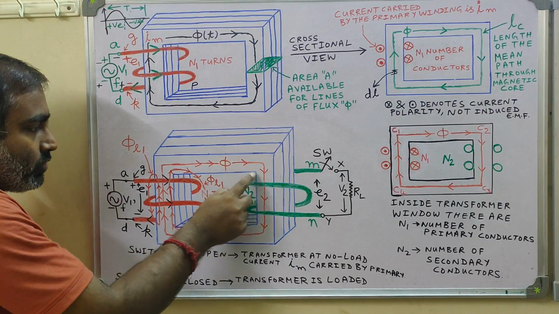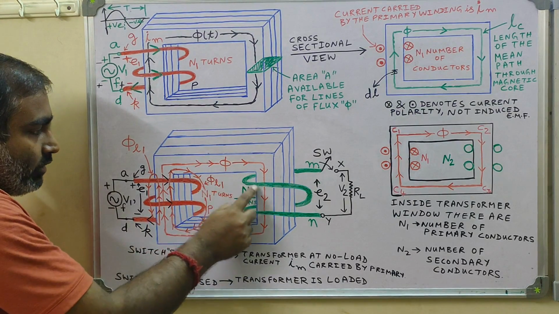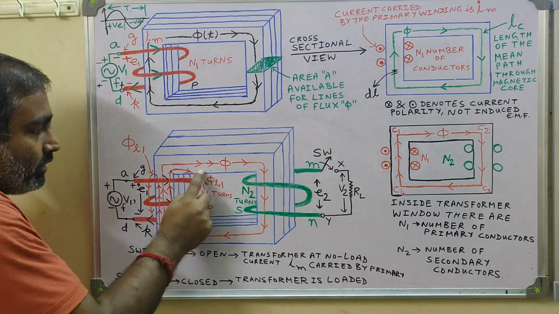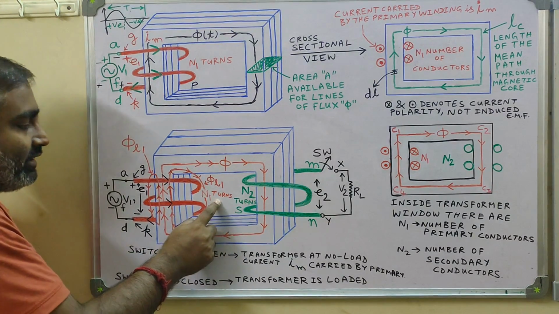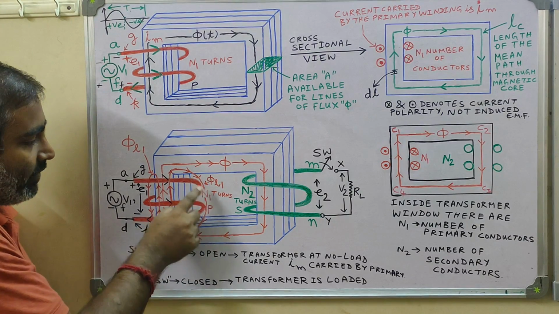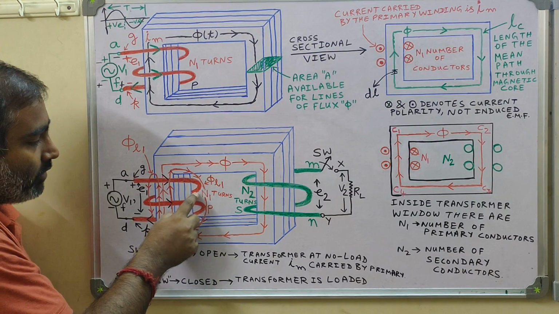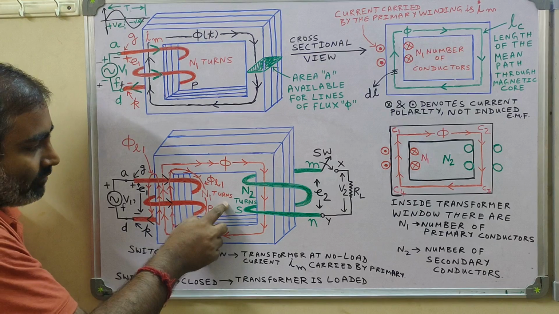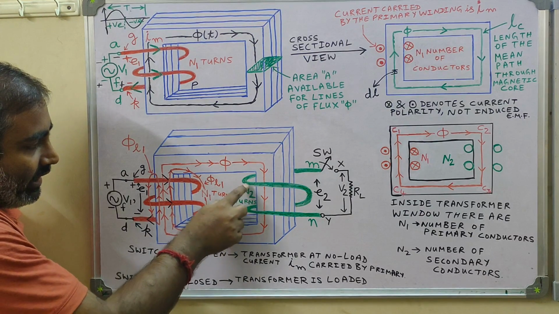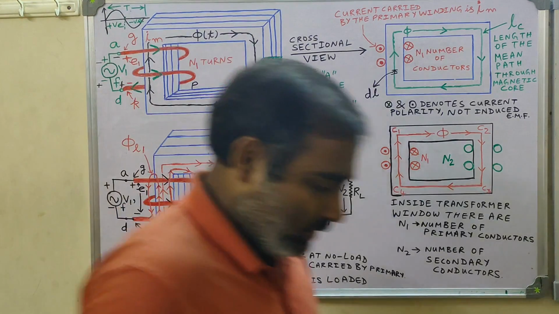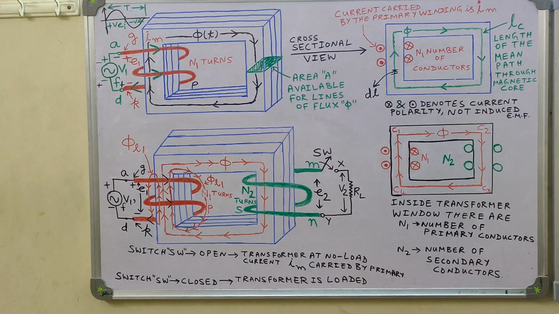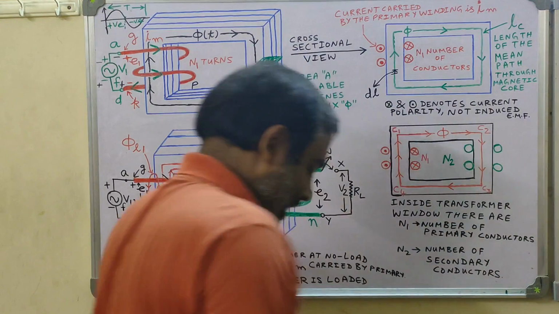This rectangular portion of the transformer is known as transformer window. So in this transformer window, the primary winding is having N1 number of conductors and likewise secondary winding is having N2 number of conductors.